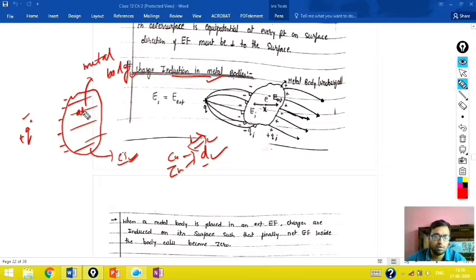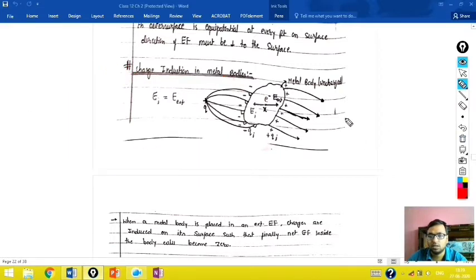And we know that whenever there is some atom, for example you can consider Cu, if one electron goes to the left hand side, the Cu plus ion will remain. And we know that inside a metal no charge can exist, so all these ions will appear on the other side of the surface. So this phenomenon is called induction on the surface.